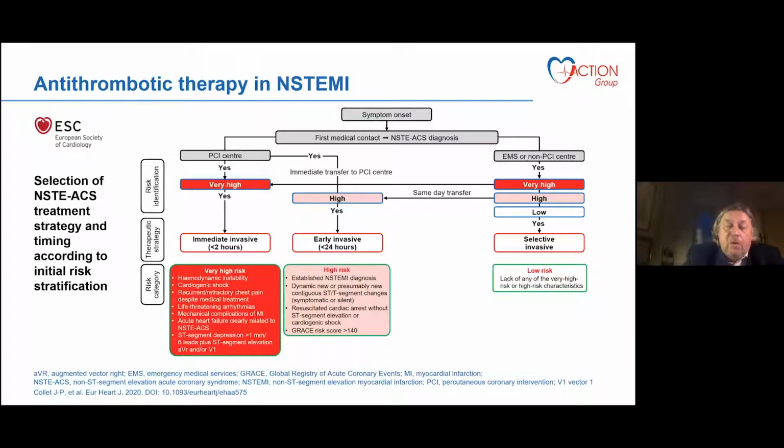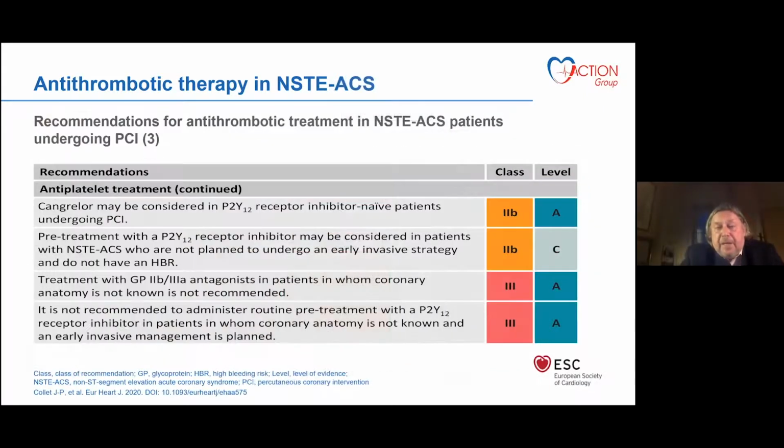And for sure, in all of these high risk, very high risk and low risk situations, there may be certain patients who are very old, have comorbidities, where you think about a conservative treatment, but this should be the exception and depends on the individual situation of the patient.